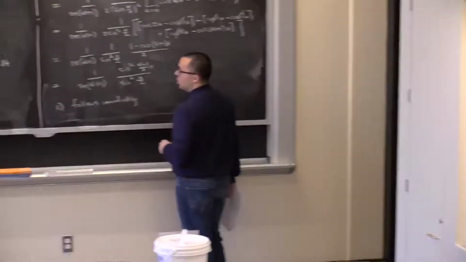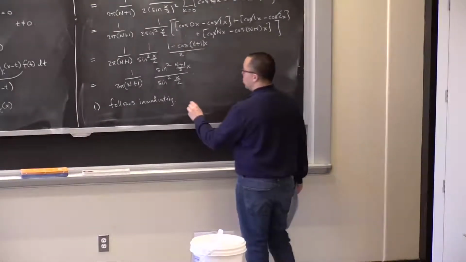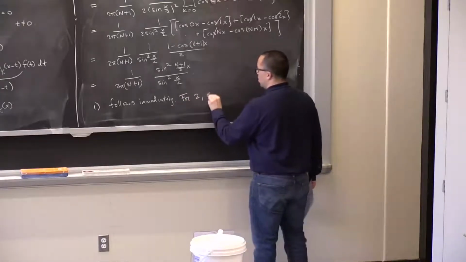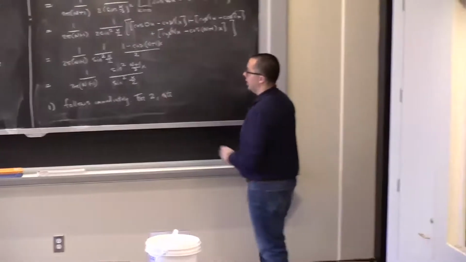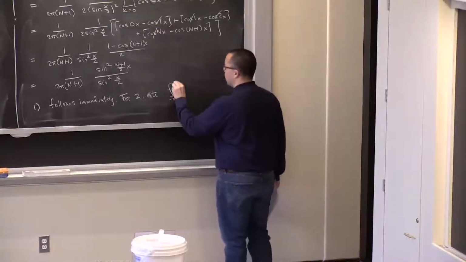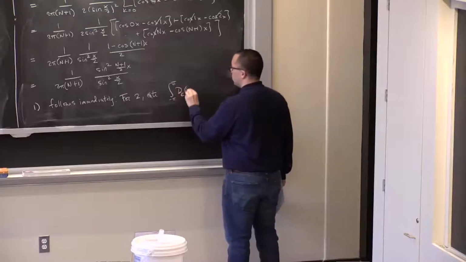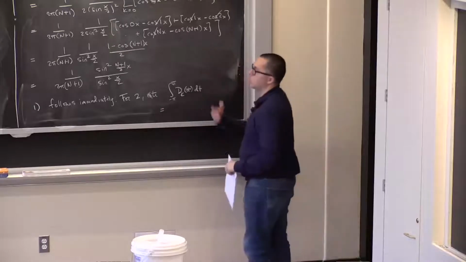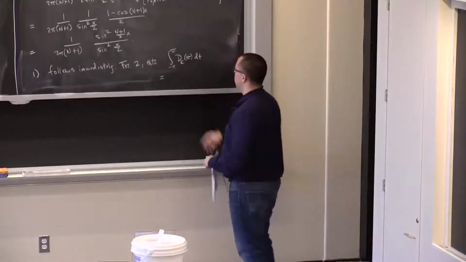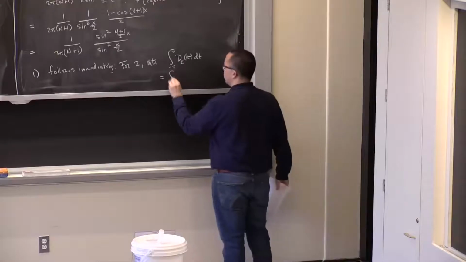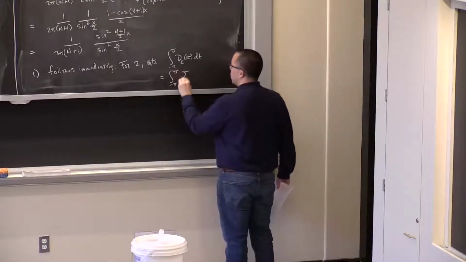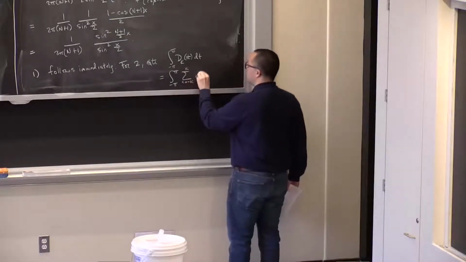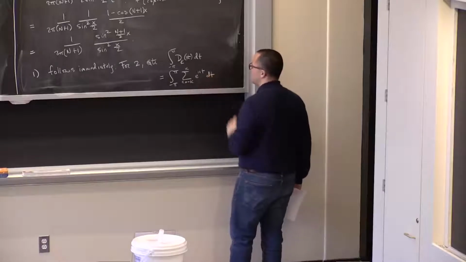Okay. So that's 1. For 2, we note that if we take the integral from minus pi to pi of the Dirichlet kernel, we had a formula for the Dirichlet kernel, but remember, this was defined to be the sum from n equals minus k to k of e to the i n t dt.